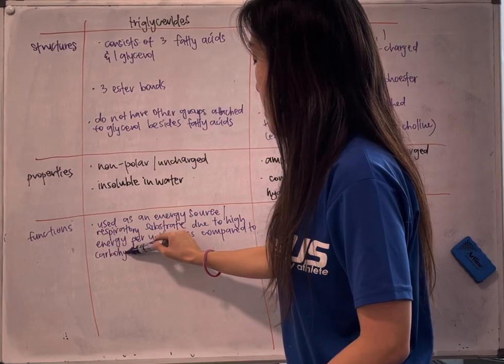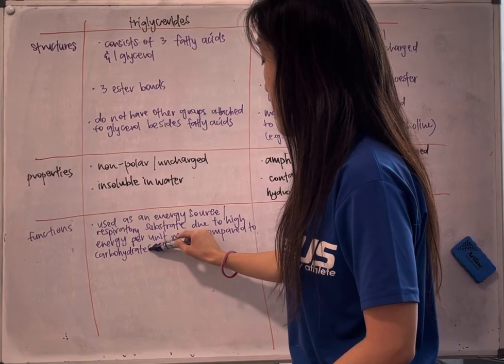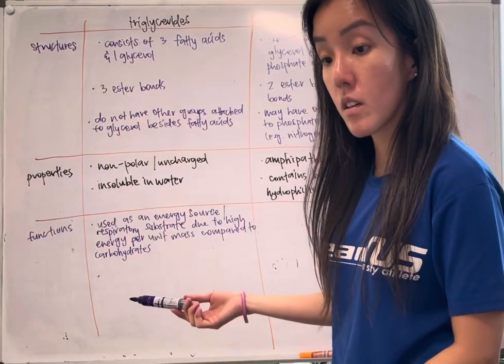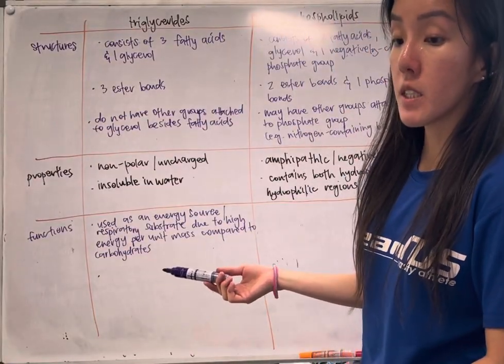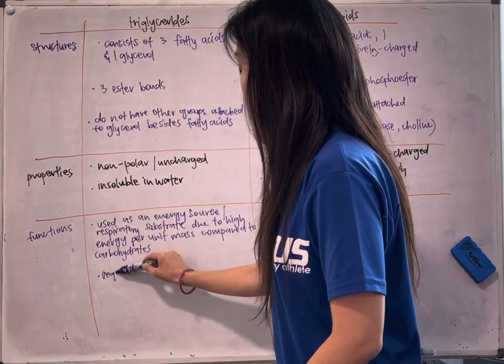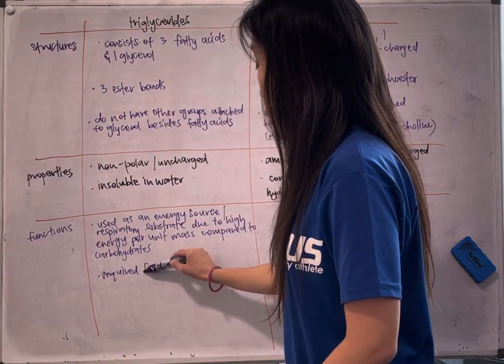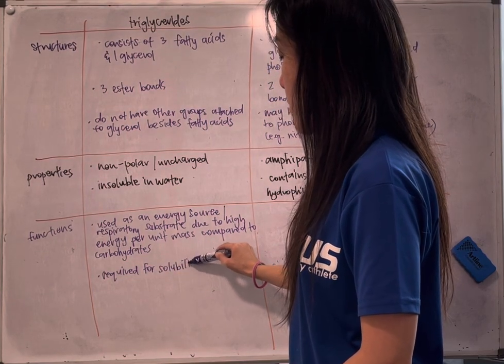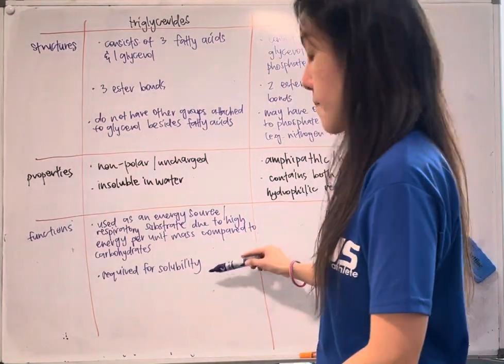Other functions of triglycerides, I can say that it's used for, again, solubility of some fat-soluble vitamins. So it acts as a medium. That's why some of the substances can actually dissolve only in lipids, okay?